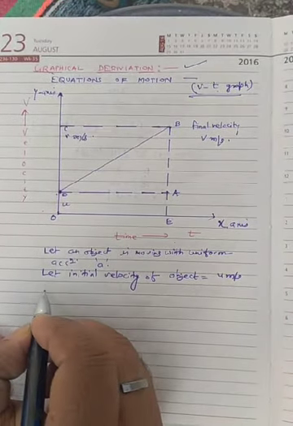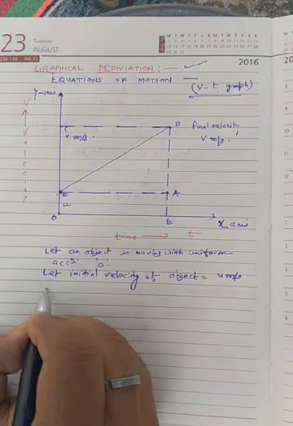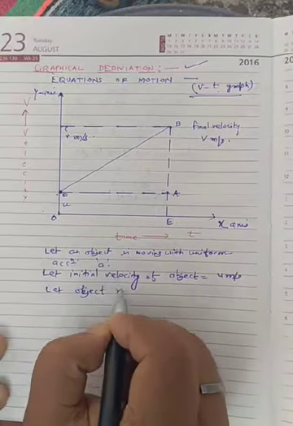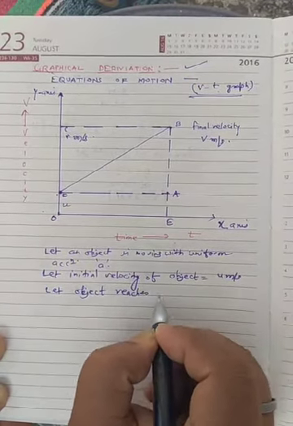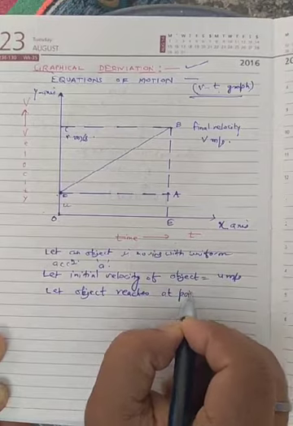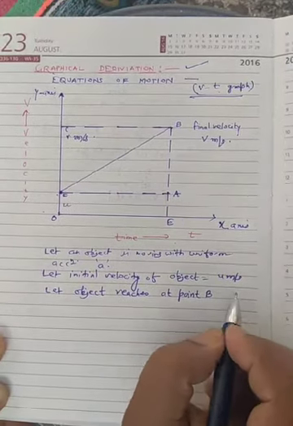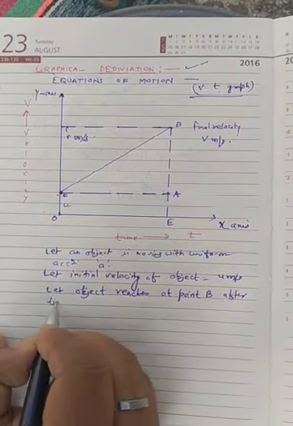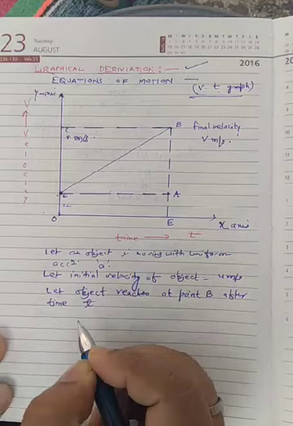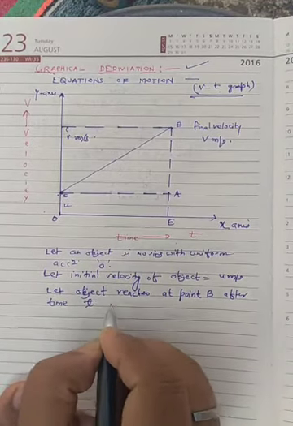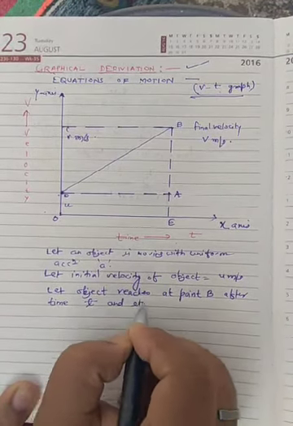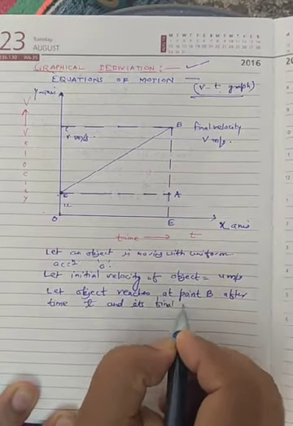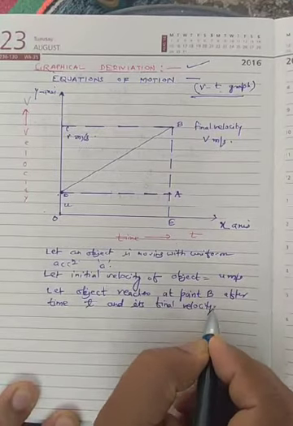Now let the object reach point B after some time t, after time t, its final velocity becomes v.